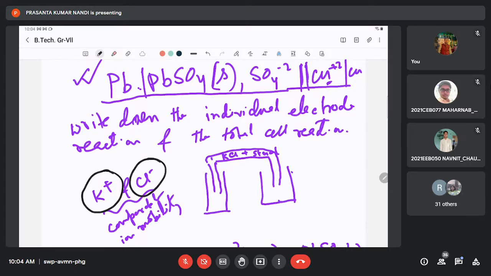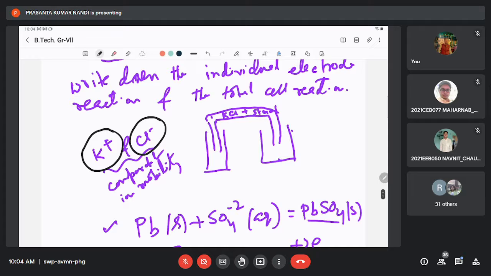So that's why, in the salt bridge, this is basically an inverted U tube where the saturated solution of KCl and agar-agar or any starch material are mixed together and form a semi-rigid solid.